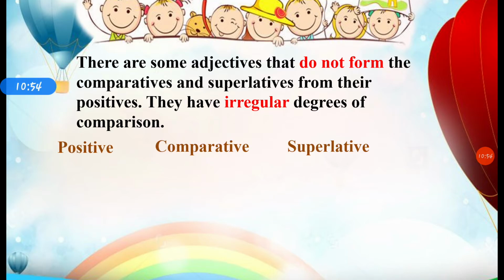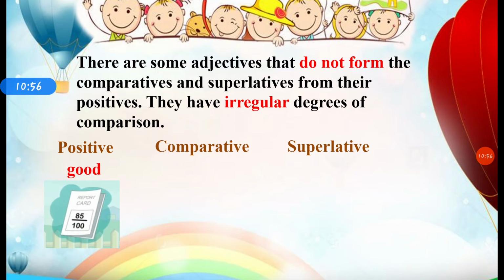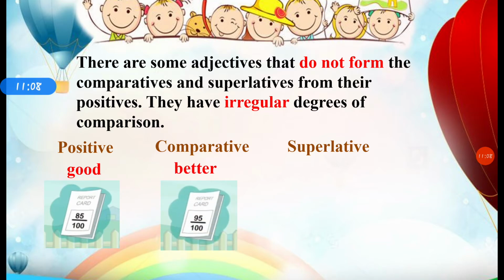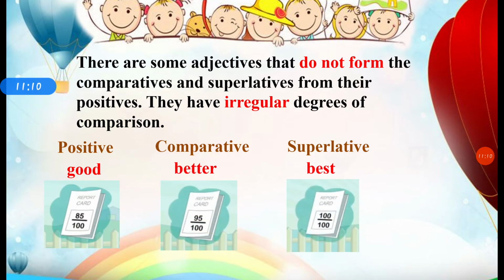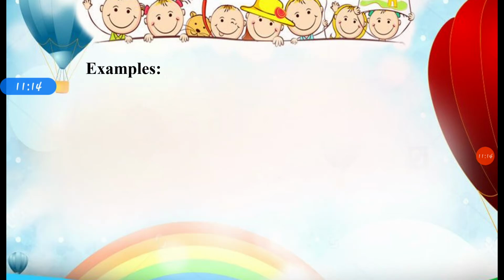See the example: good. We cannot say gooder, goodest, or goodier, goodiest. Good is the irregular adjective, so it's better, and in superlative it is best.